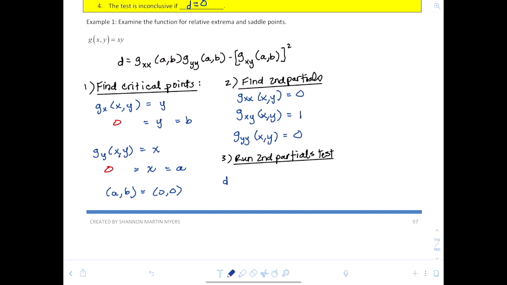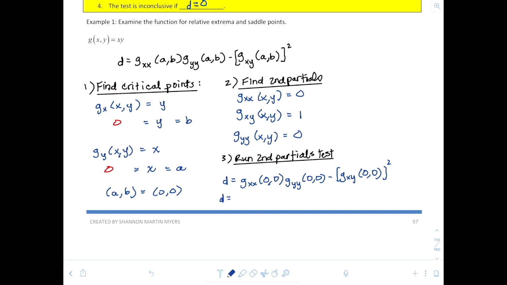So d is equal to gxx at AB, which was 0, 0, times gyy at 0, 0, minus the quantity gxy at 0, 0, squared.